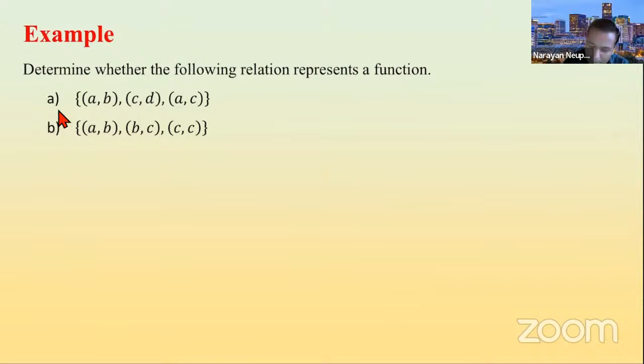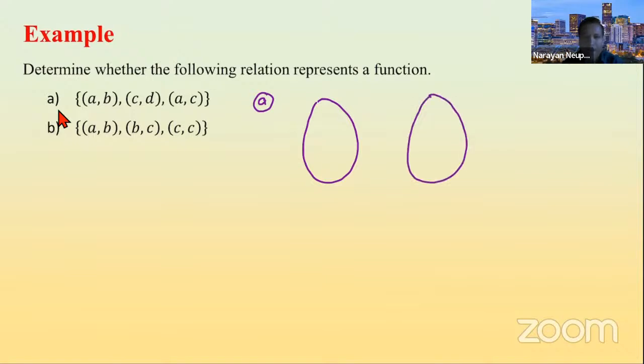So for the first one, A, we'll draw the mapping diagram. This group is for the input values and this group is for the output values. You can just draw two circles or two ovals or just two groups, whatever you want.